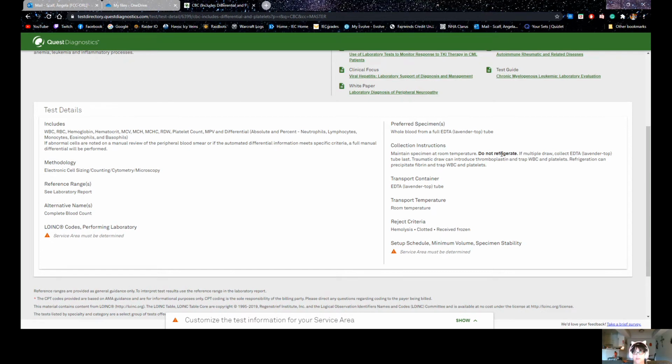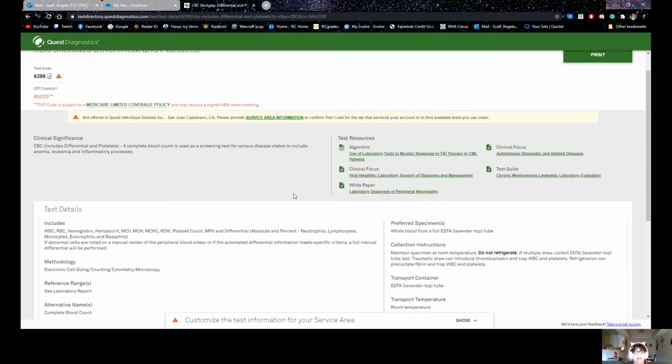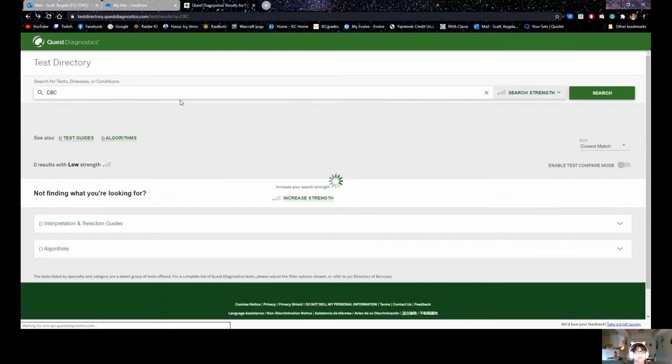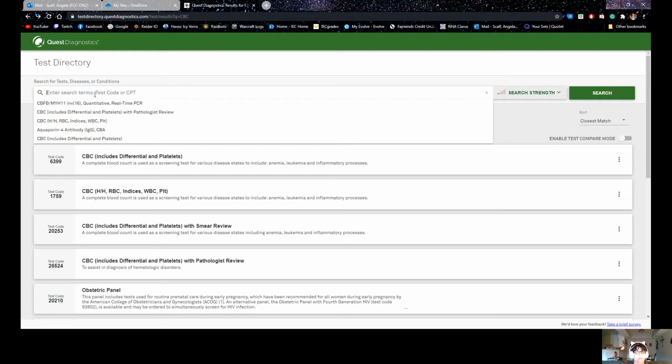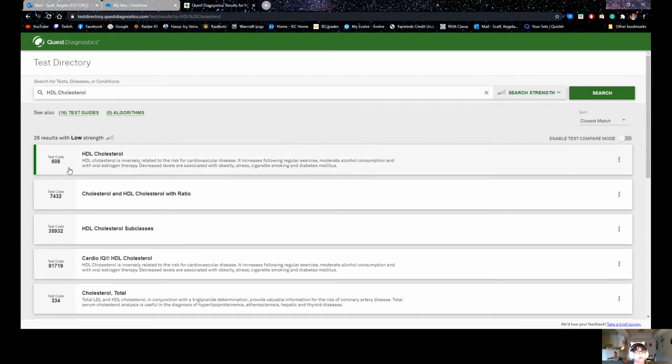Do not refrigerate, okay? And it lets you know to store at room temperature. So this site gives you a really excellent resource. I'd like to do one more. Let's look at HDL. Okay, let's look at one more.